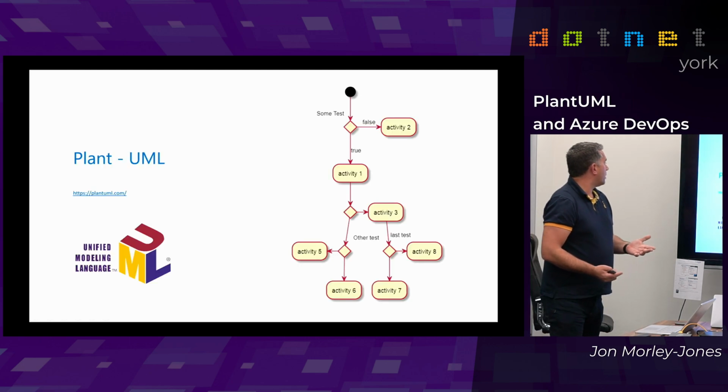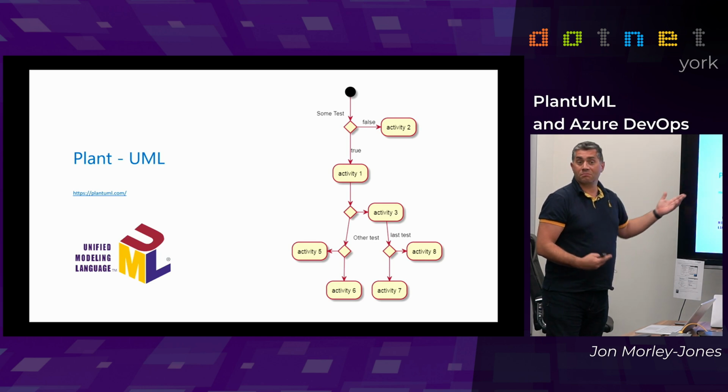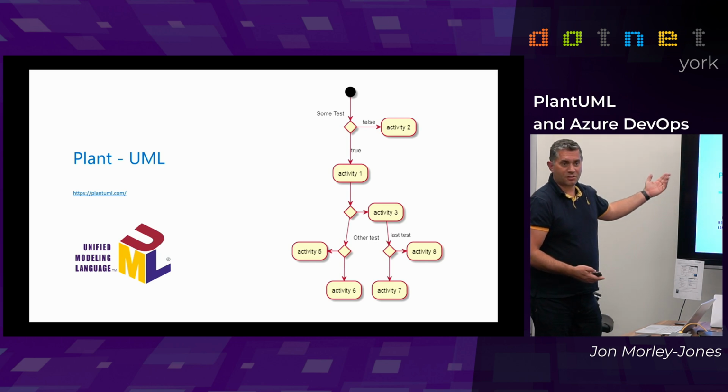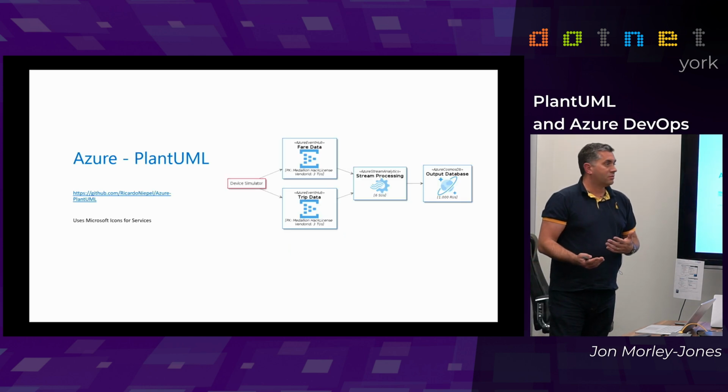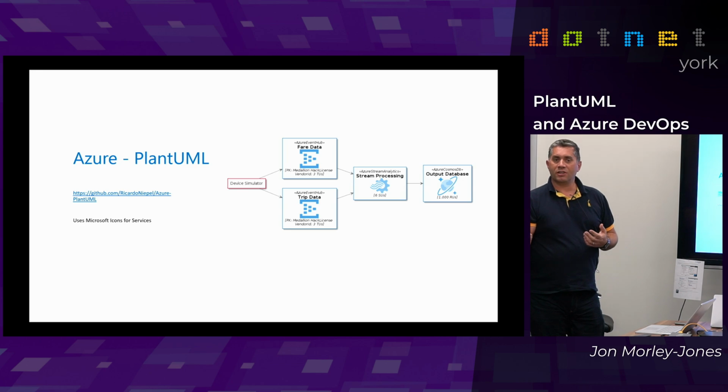So original PlantUML, you've got UML syntax. So flow diagrams, and we'll go into the different types. But what other people have done, so this guy, he's grabbed the images that you got in Azure to symbolize the different services, and he's made a syntax to enable you to do it with PlantUML, but use Azure logos.